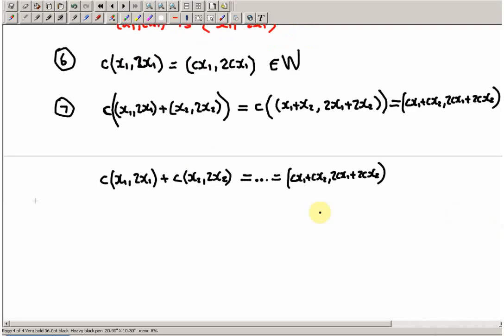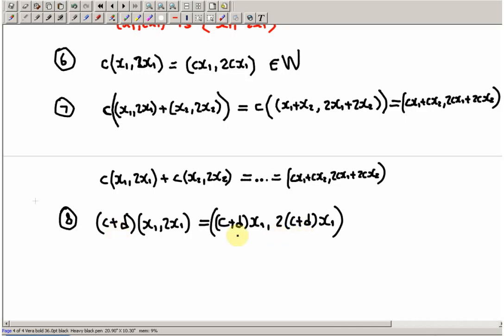Number 8, you do the same thing, but now with two scalars, c plus d. So expand that part. And then I need to show that this is the same as c times x1, 2x1 plus d times x1, 2x1.